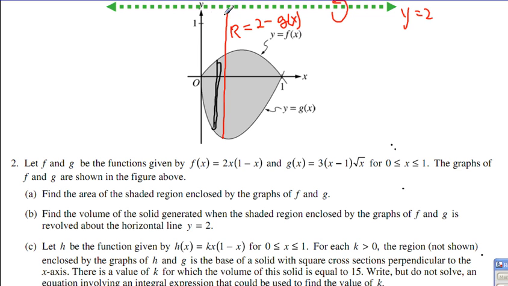How about the small r? It goes from here to here, which we need to subtract. Small r becomes 2 minus f of x. You see? That's basically what we end up getting.